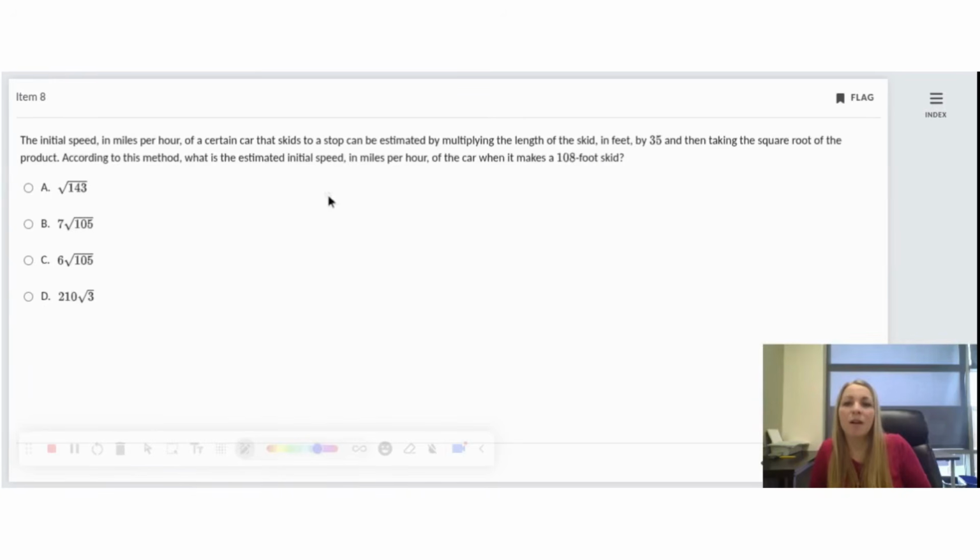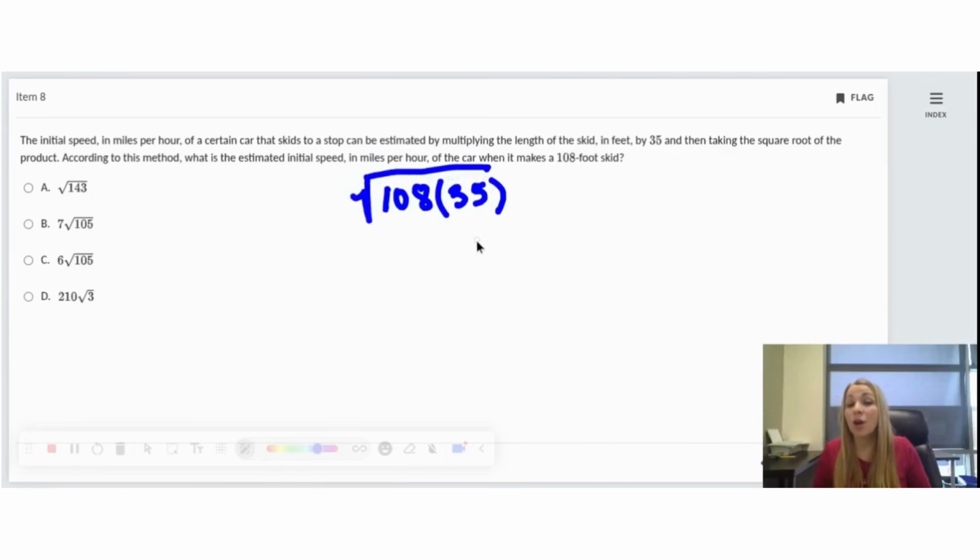So the length of the skid is 108. We're going to multiply that by 35, and then take the square root of the product, meaning the multiplication of these two numbers.